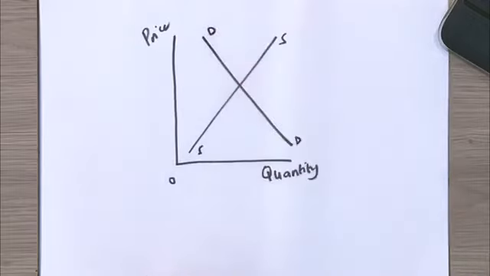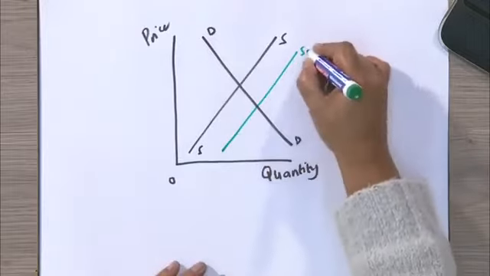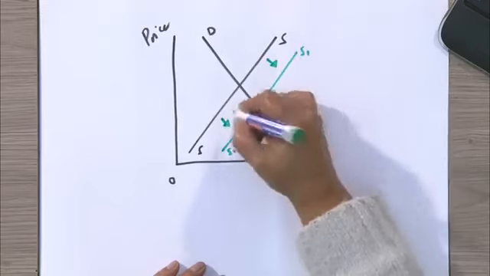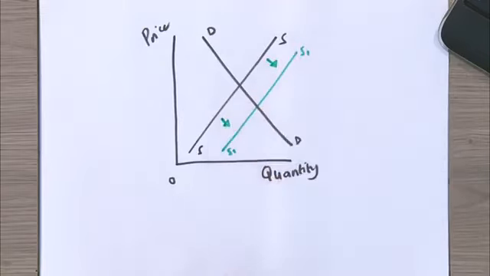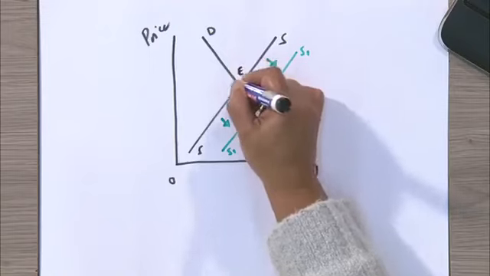So what's going to happen is, with new people coming into the market, the supply curve is shifted. So with the result, this was the original equilibrium point, market equilibrium.